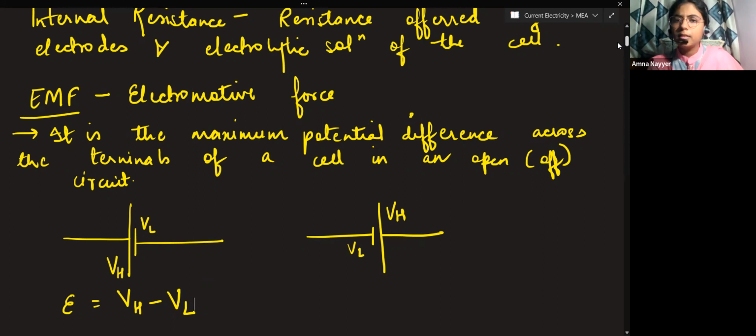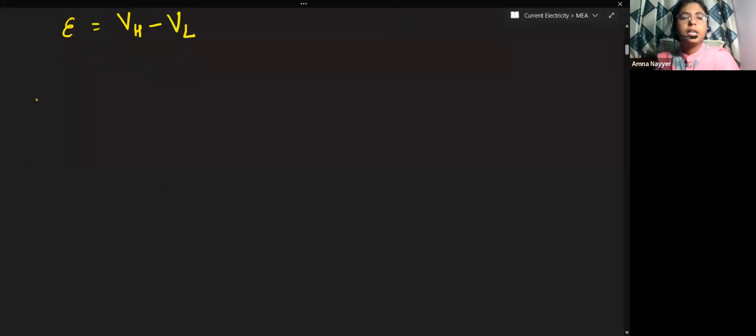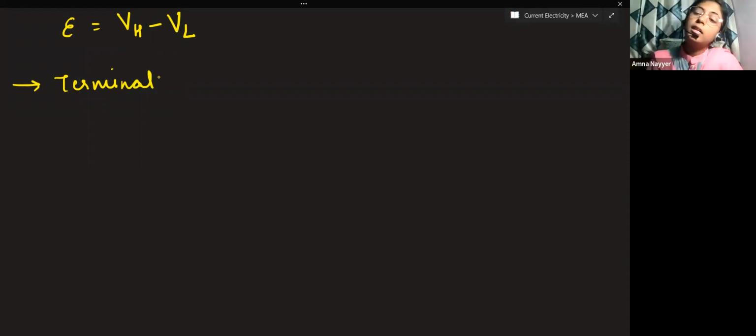So a few points regarding it. If EMF is the maximum potential difference, then what do we call the terminal potential difference? Carefully see, all these three just confuse you by their names. The properties are similar. Terminal potential difference is the potential difference applied across, and everything remains the same in a closed circuit.